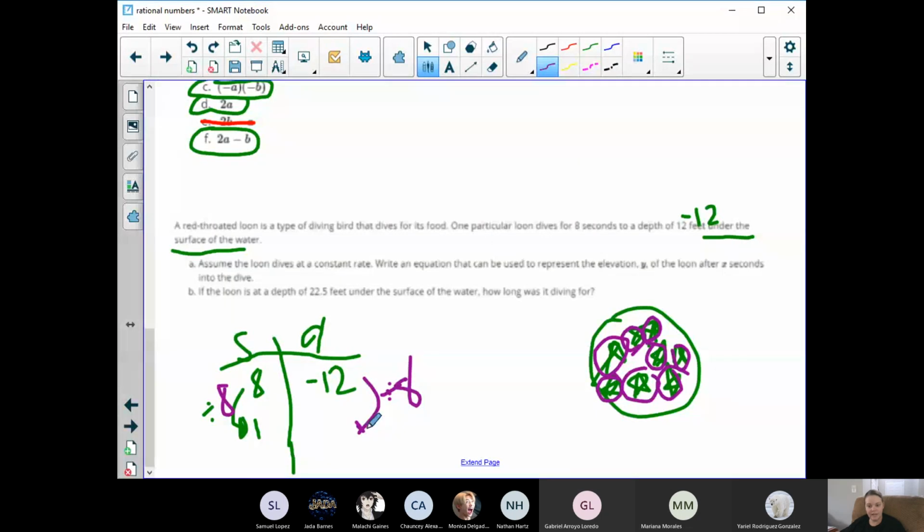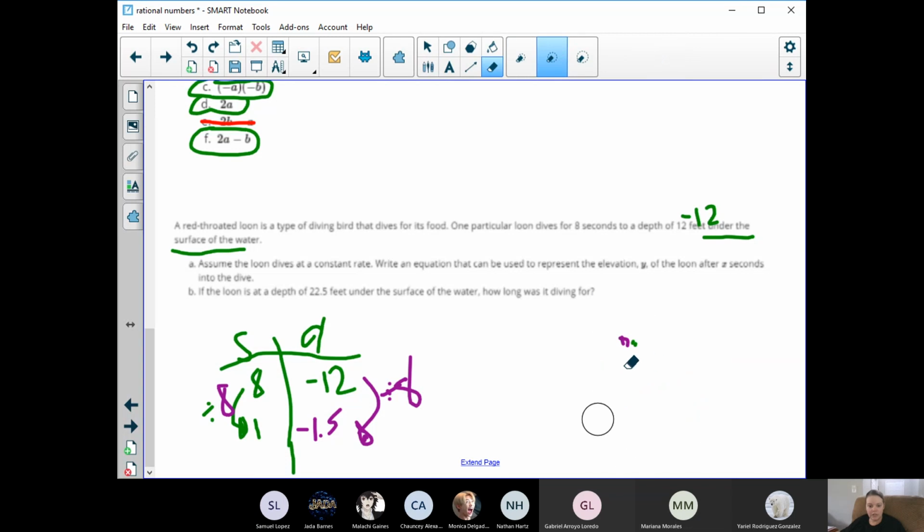Negative 1.5. So in 1 second, the loon dives 1.5 feet below the surface of the water.